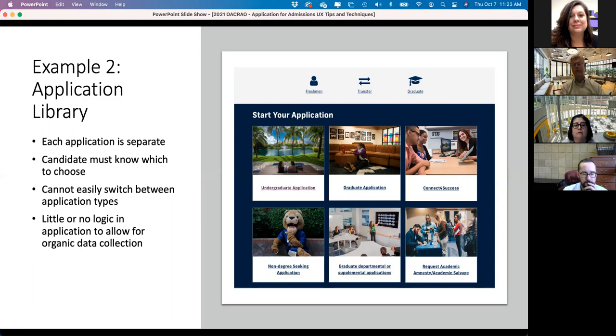This has a way that you drill in, and I call it an application library. Why do you have to do this? A lot of times it's because you don't have a lot of conditional logic to let the application adjust organically to the data that the person is providing. So you have to have all of these different applications that you've set up and are maintaining.